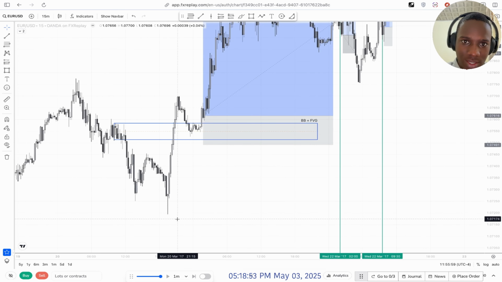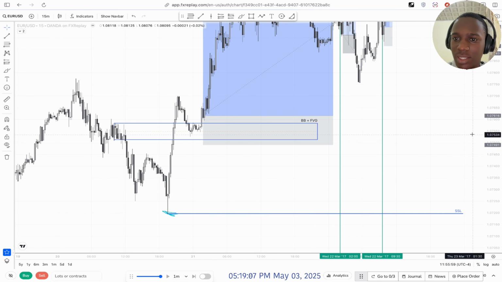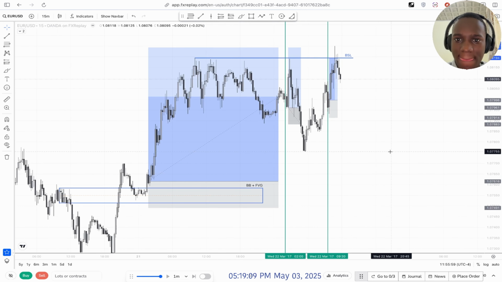So this is an important low. This one right here is a really important low, so we would like to mark it as sell side, which would be the potential liquidity the market will target as it drops.